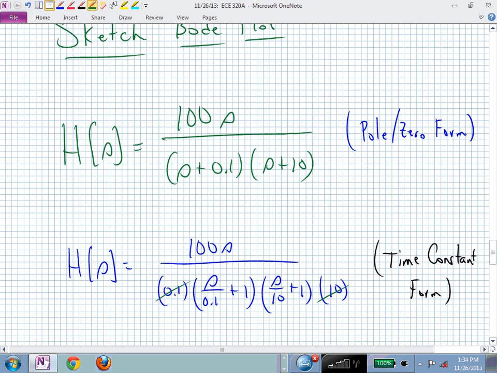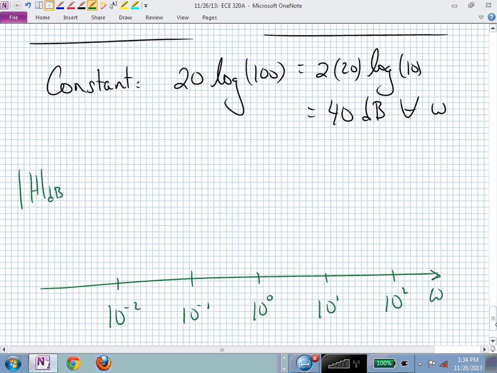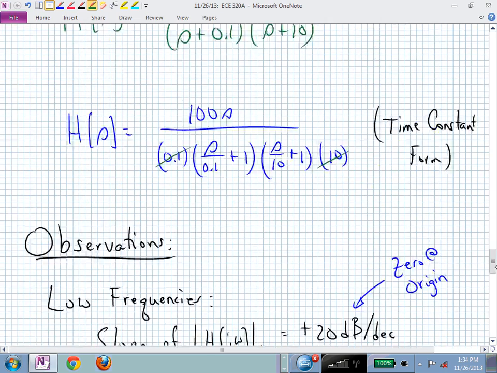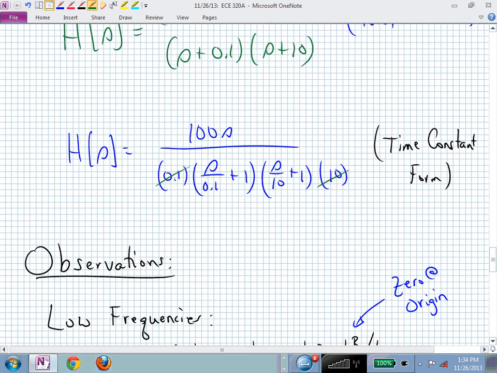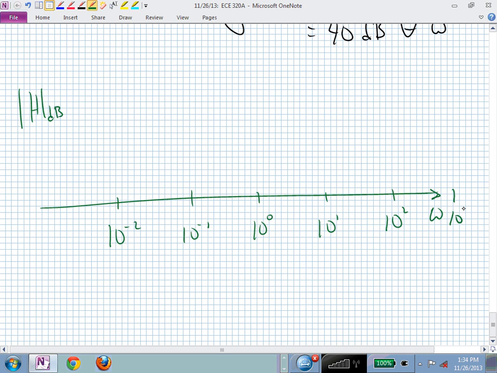So maybe we're now at 10 to the minus 2, a decade before that. 10 to the minus 1, 1, 10, 100. How much more do I need to go? That's far enough, isn't it? A decade beyond 10 would be 100. And I might want to go a decade beyond that to give me 1,000.